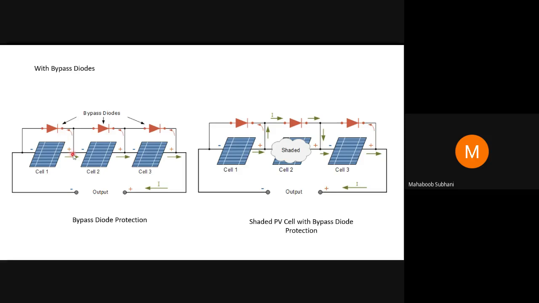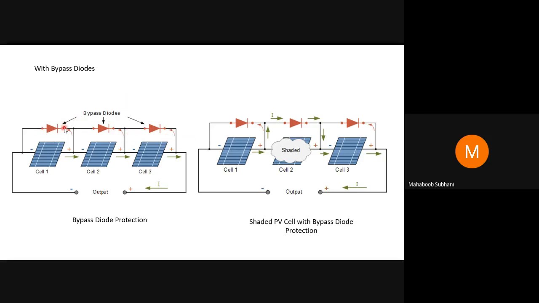Now there is a possibility that the diode can withdraw some current from the current generated by cell 1. See, all the red arrow marks tell that the current bypasses in this direction. So in cell 2 it bypasses, in cell 3 also it bypasses.